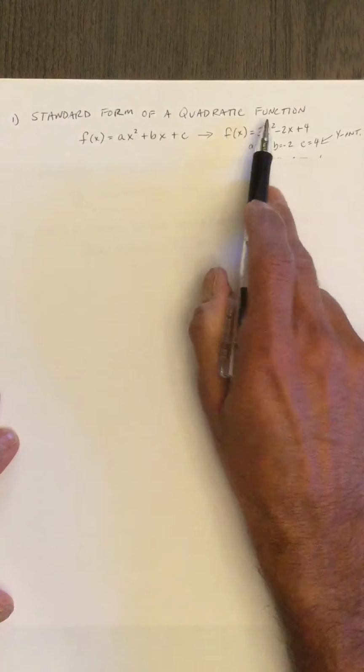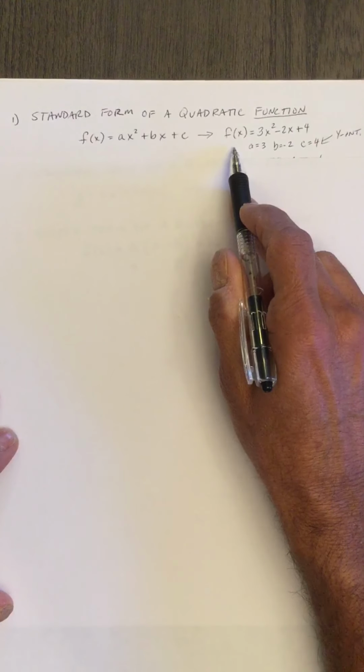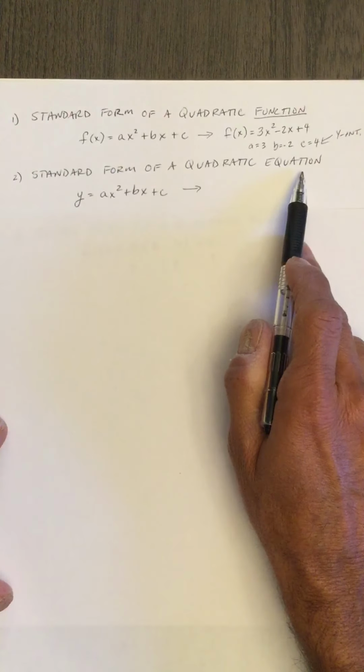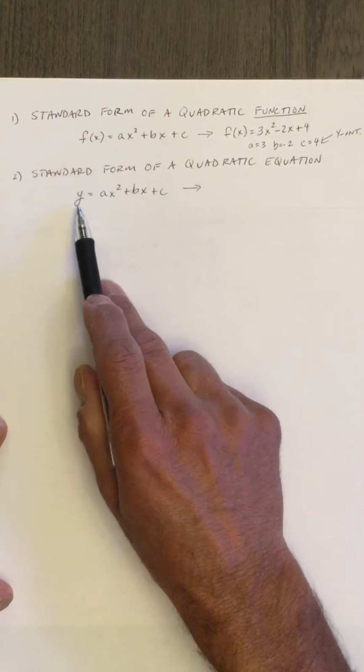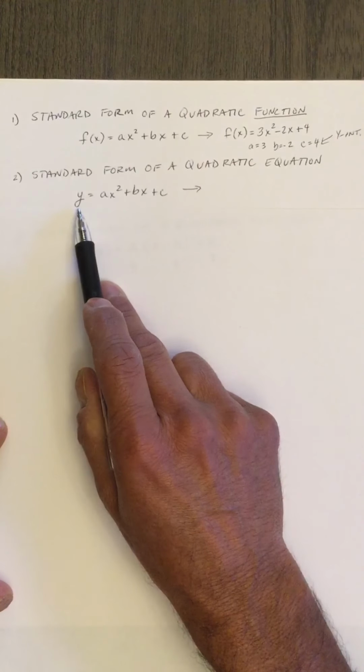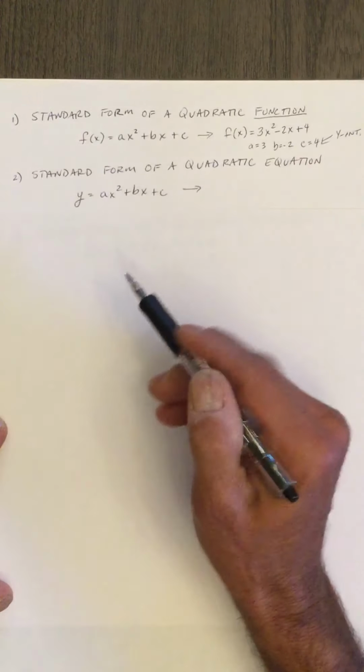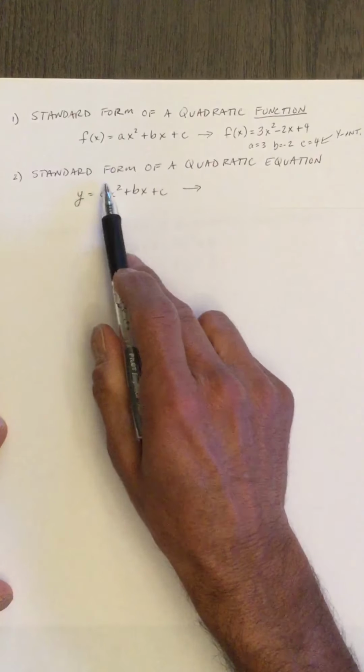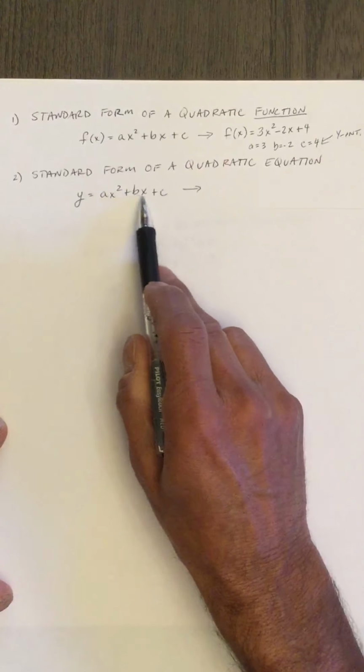Now, they call it a function because it starts with the letters f of x, okay? Now, what we've been working on is equations. It's the same thing. Remember, f of x can be changed to a y. So don't get mixed up, okay? Standard form, ax squared plus bx plus c.